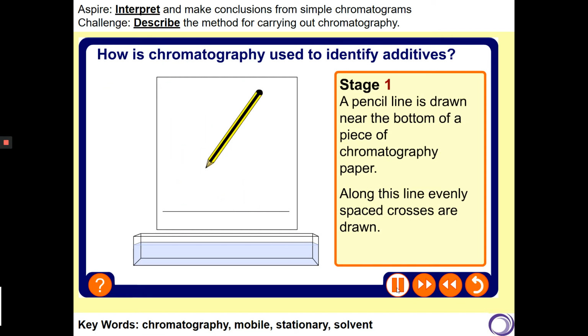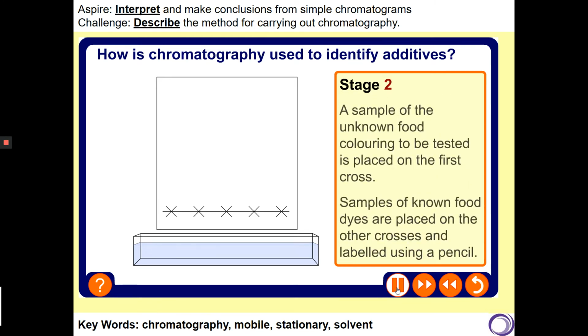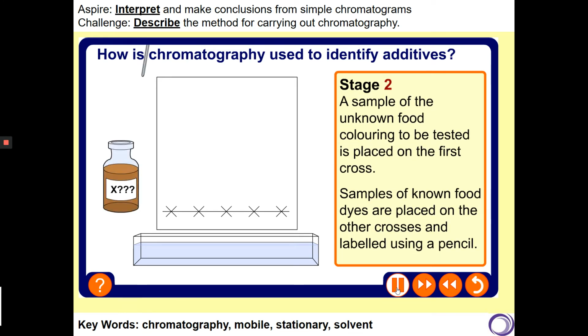So the first thing we do is we draw a line in pencil near the bottom of the paper. We always draw this in pencil because if we draw it in ink, then the ink will also run. Next, you would put a sample of the unknown substance. So we just put a dot, and in this case we've labelled it X. Then we will put dots of the substances that we are going to compare it to, so known things.